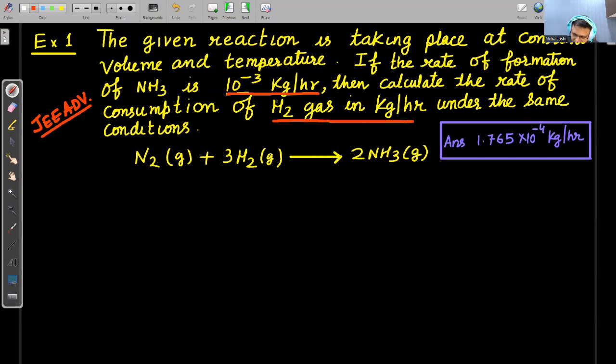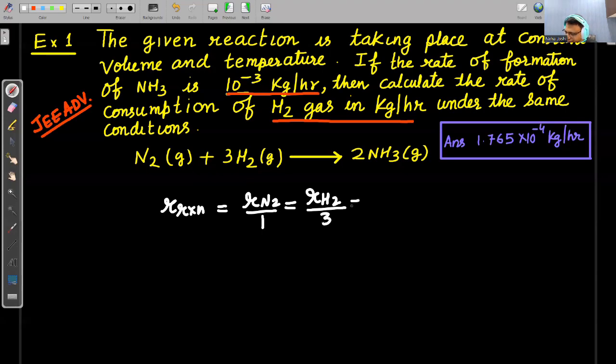So when I am writing the rate of this reaction, I can write that the rate of reaction is equal to the rate of reaction with respect to nitrogen divided by its stoichiometric coefficient, the rate of reaction with respect to hydrogen divided by its stoichiometric coefficient, and the rate of reaction with respect to ammonia divided by its stoichiometric coefficient.